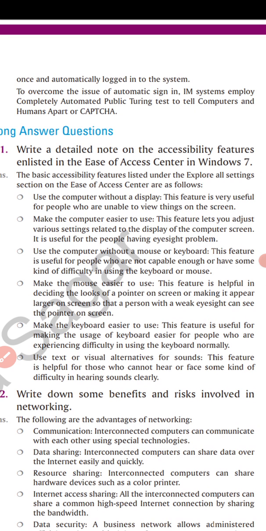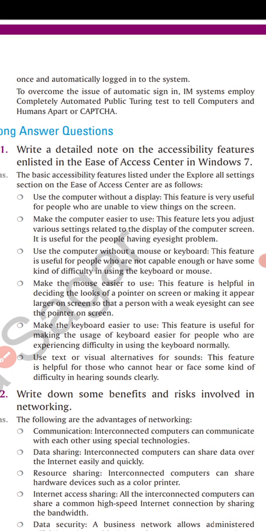Dear students, use the computer without a display. This feature is very useful for people who are unable to view things on the screen. Suppose anybody is blind, then use the computer without a display is a very important feature in Windows 7 that can be accessed by blind people.